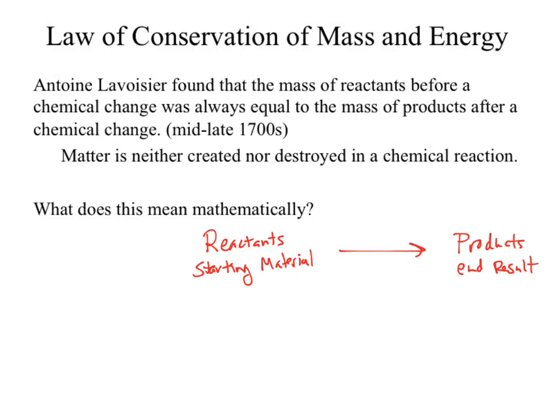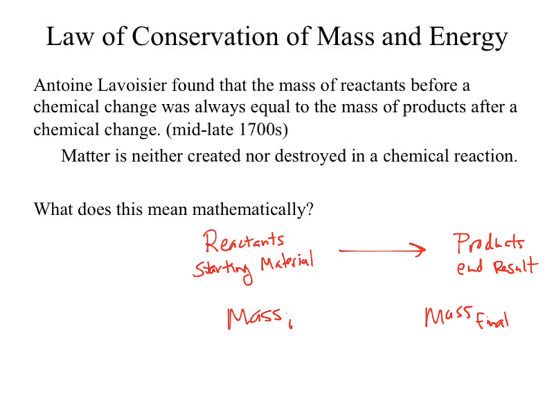So when we're looking at the law of conservation of mass and energy, we're looking at an initial state and a final state, and we're comparing those two states. Our final state being our products, our initial state being our reactants. So if we're going to say conservation of mass and energy, we could say the mass initially is somehow related to the mass finally.